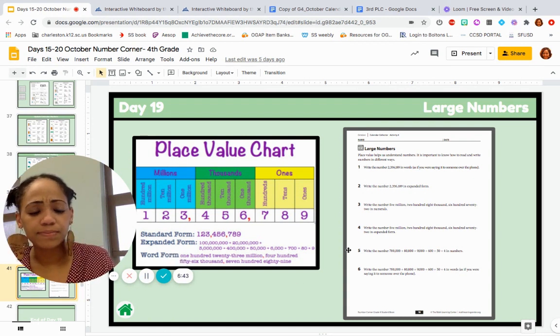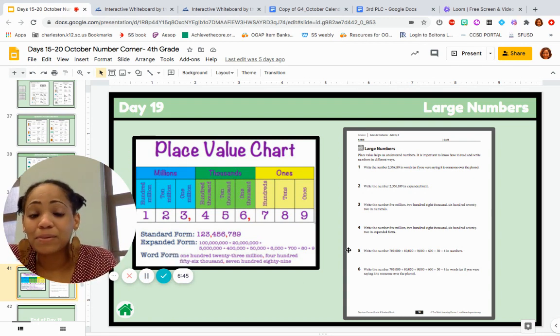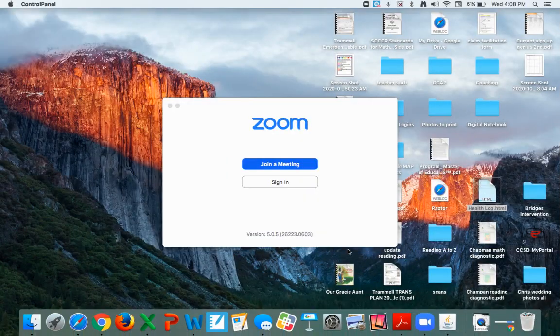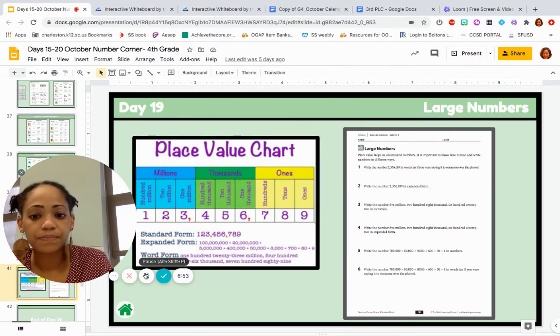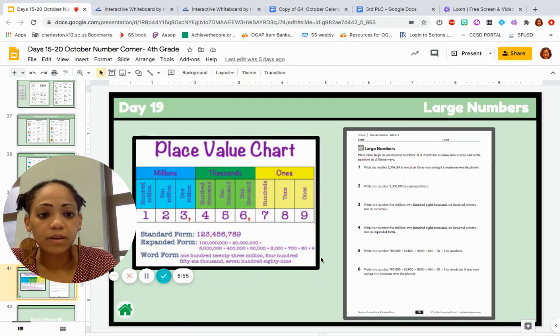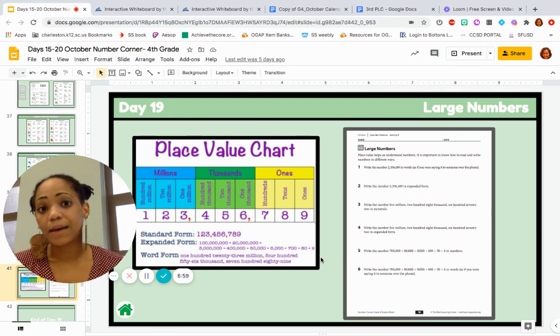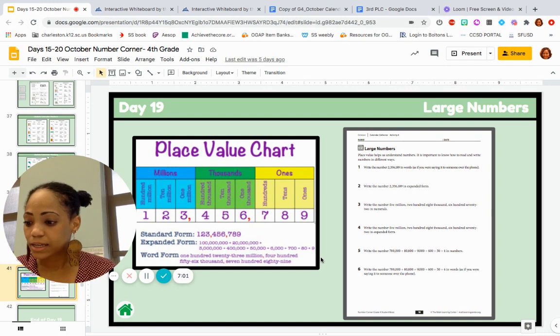And as we go, what mistakes might people make as they're trying to write numbers in these forms? All right, so as we move forward, let's think about some mistakes that people may make as they are reading and writing numbers in one of the 3 forms that we just discussed.